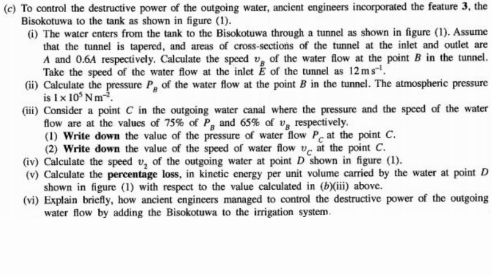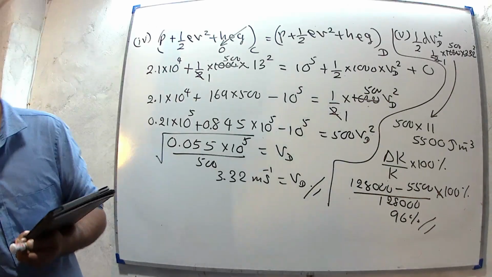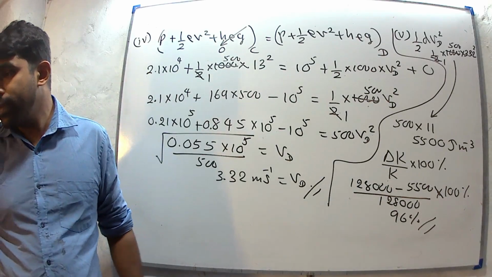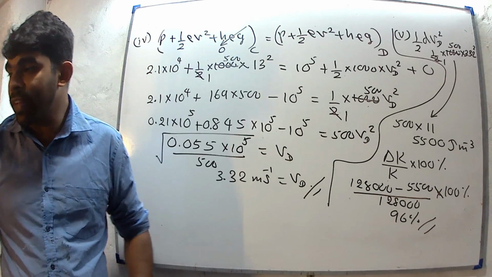Part 6. Explain briefly how ancient engineers managed to control the destructive power of outgoing water flow by adding Pesuru to the irrigation system. We can write by destroying a significant amount of energy.